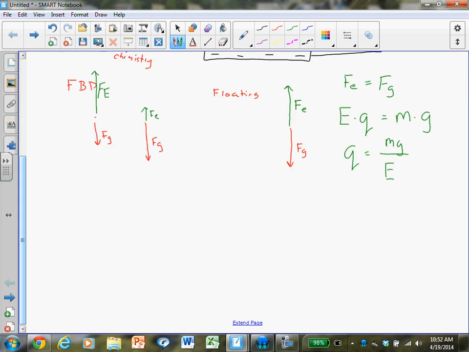So we end up with this relationship here, like that. Now the field between the plates was voltage over the distance they're separated, and the mass of the drops can be calculated from the density and volume of the oil droplets.